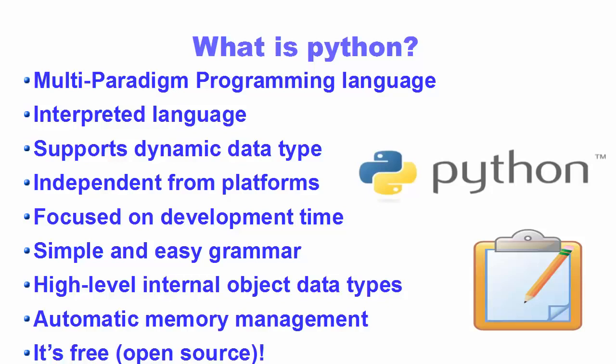Now Python is an interpreted language. So what do we mean by interpreted? To understand this, we need to understand the difference between compiled languages and interpreted languages. Some languages like C, C++, Java are translated by running the source code through a tool called a compiler.